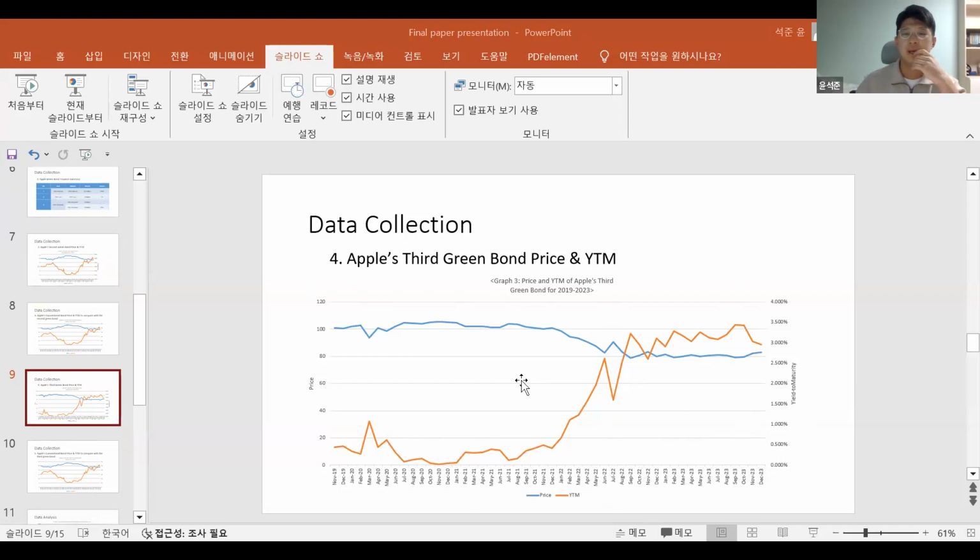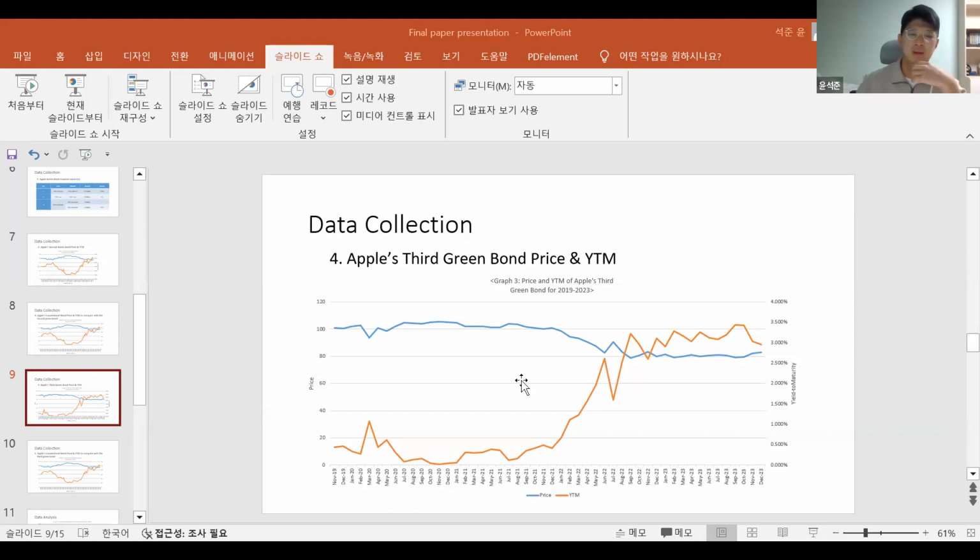What is special about this bond is that it was issued in euro, with an amount of 1 billion euro, an annual coupon payment frequency, and maturity in 2031.